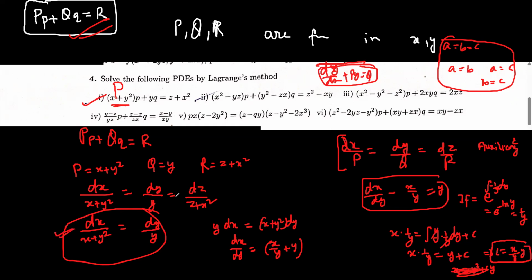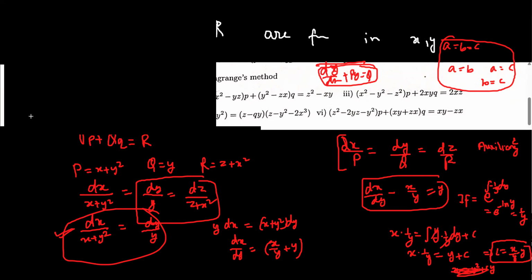Okay. Now we will try for the second equation. What is the second equation? dy upon y is equal to dz upon z plus x square.